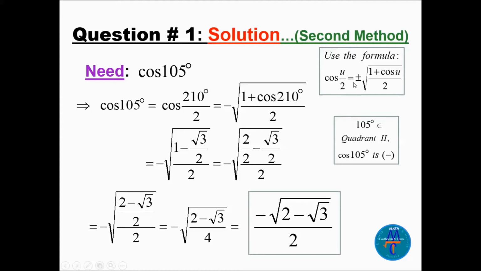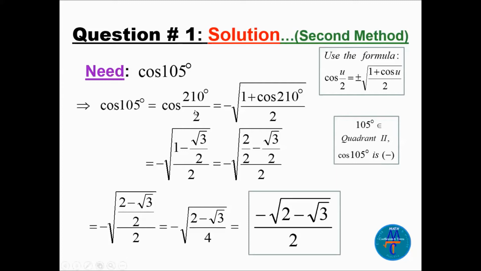But remember, very carefully here, we have to choose the plus or minus according to the angle 105, not according to 210, because u over 2 here is controlling the plus or minus. 105 lies in quadrant 2, so the cosine of 105 is negative, because it's x over r.